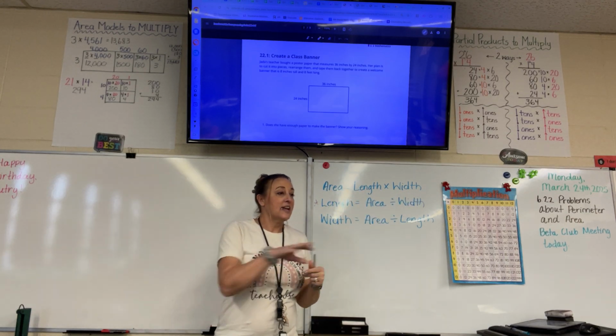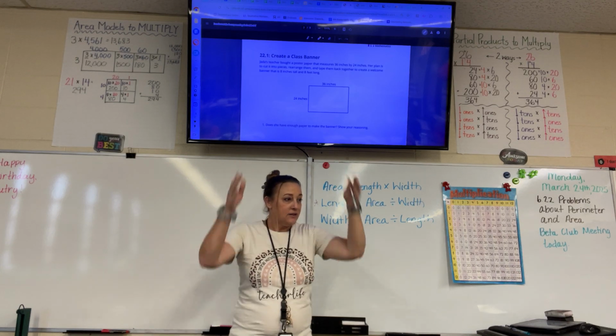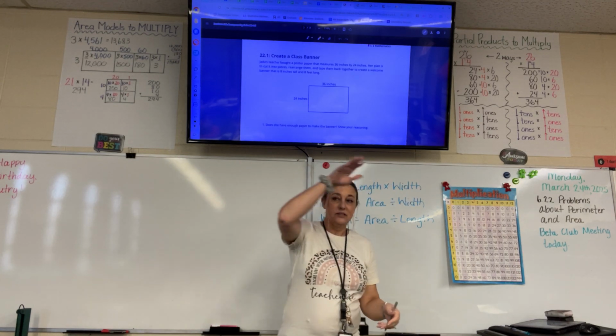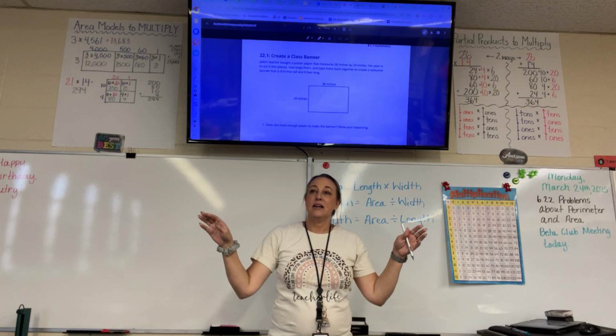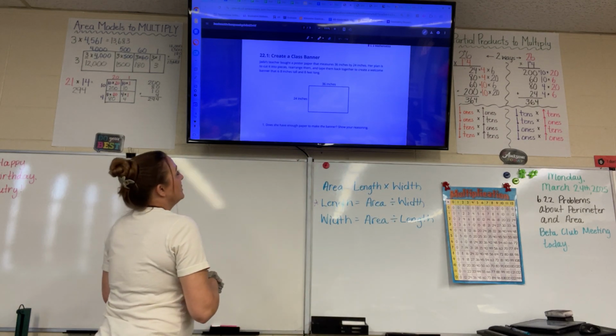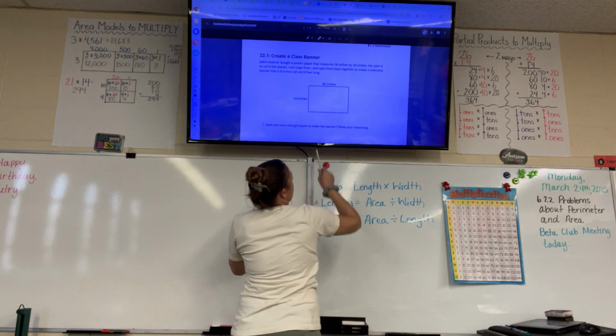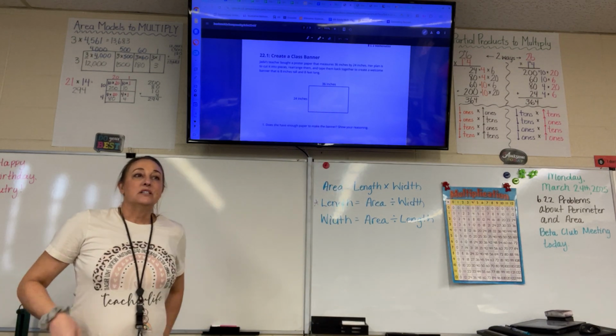Remember, it's just like an array, right? So 36 across, 24 down the side. If we drew the grid lines, there would be 24 going across and 36 down, and that would tell us how many boxes.